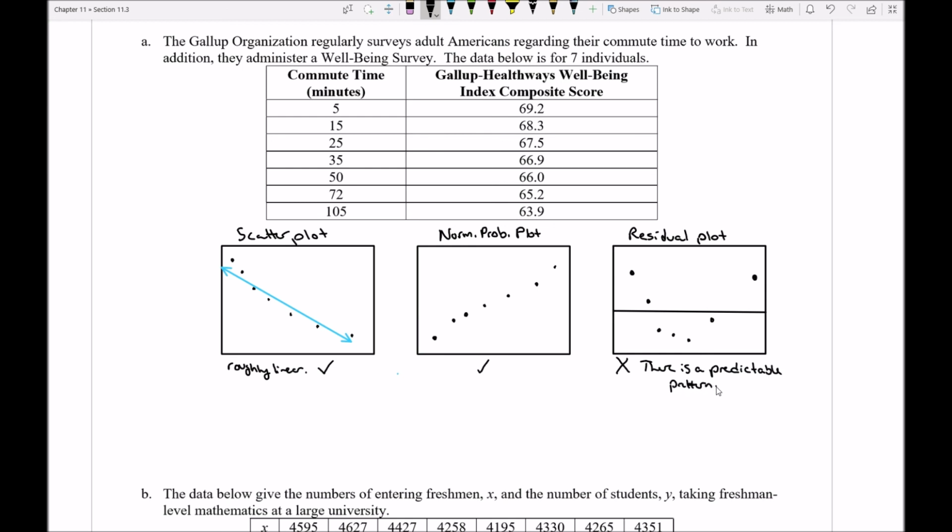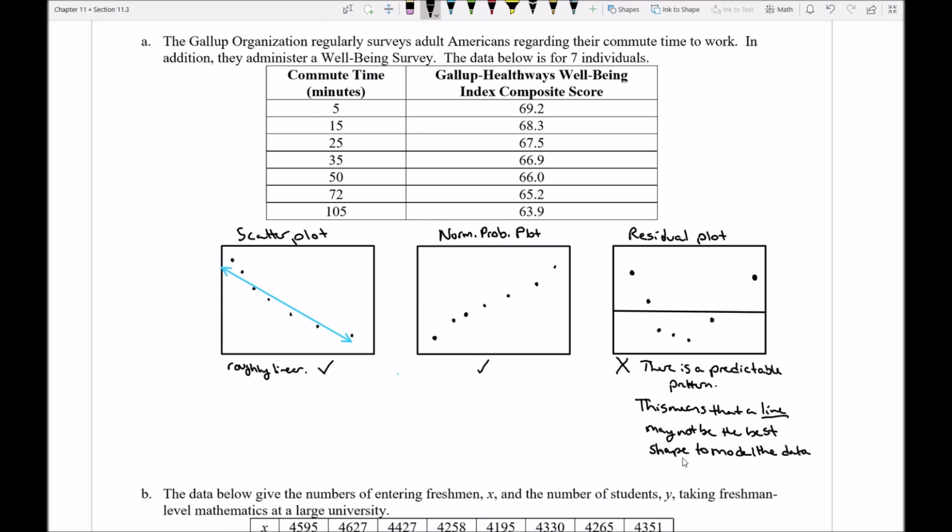Remember, if there's a predictable pattern, then that means that a line might not be the best shape because the errors that I'm seeing are predictable and therefore can be improved upon. So since there is a predictable pattern, I can state here that this means that a line, specifically a line, may not be the best shape to model the data with.